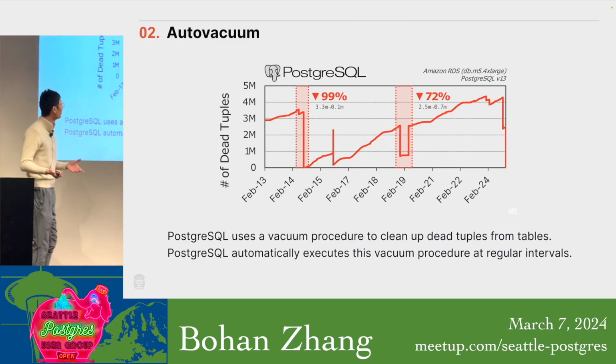The number of dead tuples drops regularly, every day, because the autovacuum cleans up the dead tuples and we keep storage space. We can say the autovacuum is triggered regularly. It cleans up the dead tuples automatically.